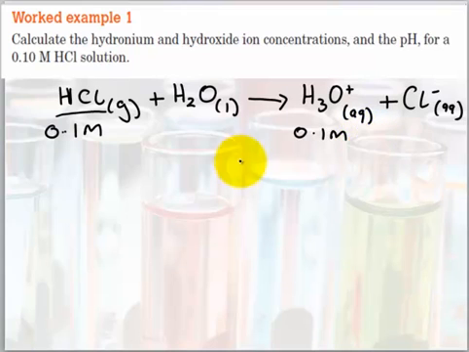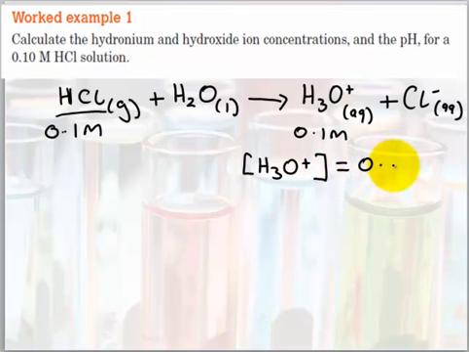So I know that the concentration of H3O positive equals 0.1 molar. We look at our formula now.